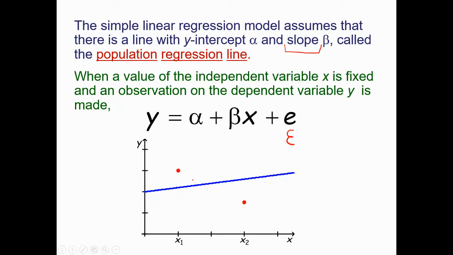So let's label what's going on here. Of course, our intercept is alpha. So our intercept here is the alpha. The population regression line, which is the first piece here, has a slope of beta.